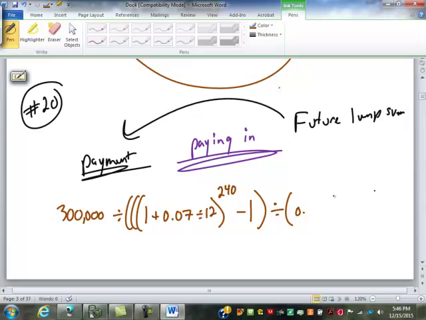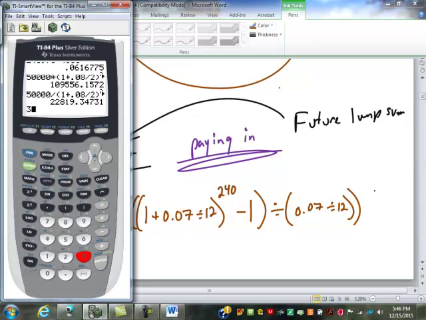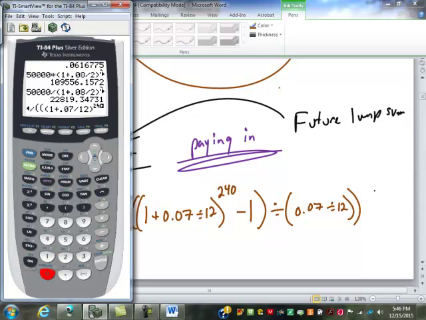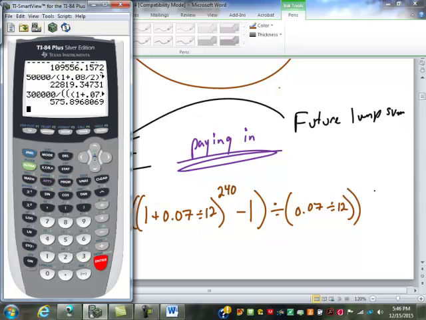And since we're paying in, this is just the simple version here. 0.07 divided by 12, close and close. Now, if your calculator is like mine, some of you will have to use an arrow to get out of the power. And we get $575.90.